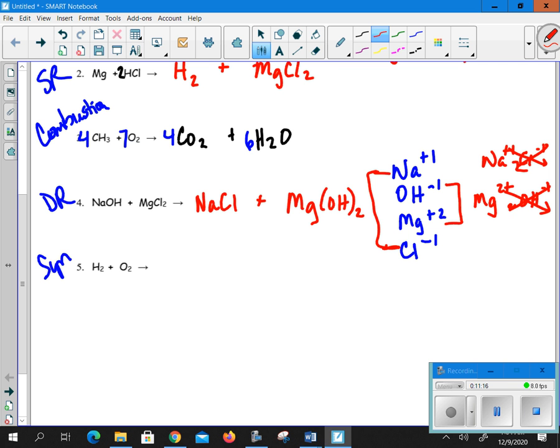Now we would look at balancing, and when we balance, we would say that there's one Na on both sides. There's 2 OHs on the product side. So I'm going to have to put a 2 in front of this NaOH, which means I'm going to have to put a 2 there to make the Nas correct.